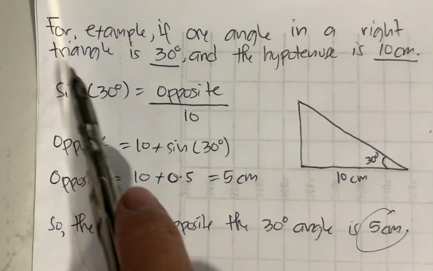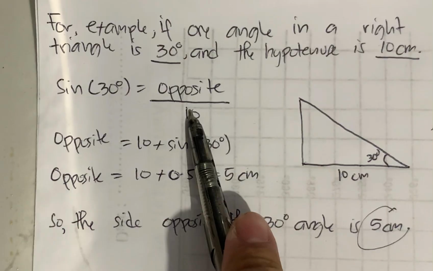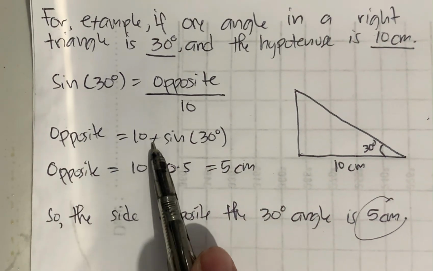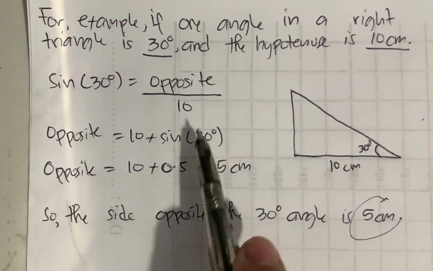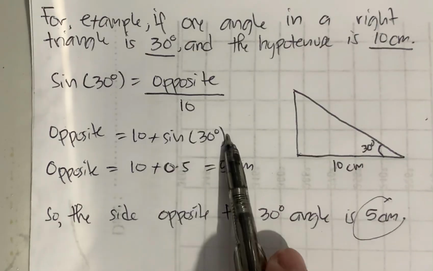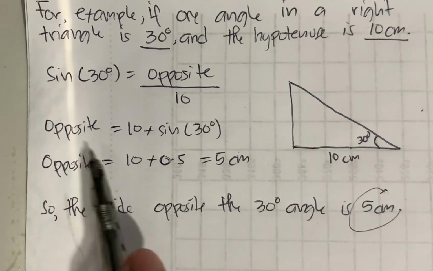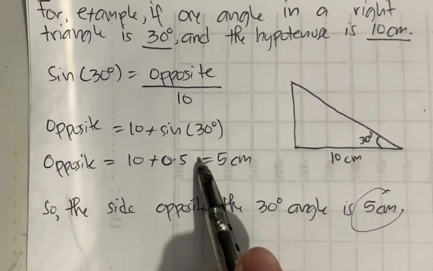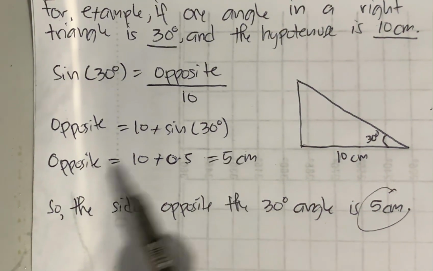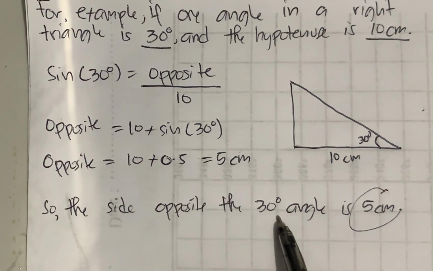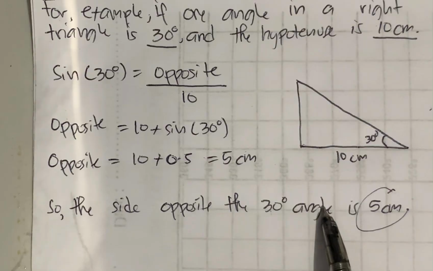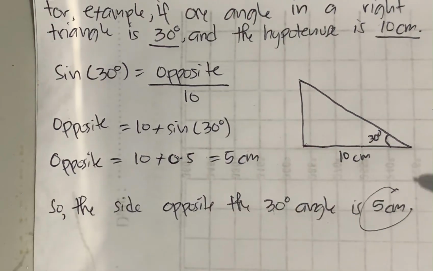So sin 30 degrees is equal to opposite over 10. So opposite is equal to 10 times sin 30 degrees, and sin 30 degrees is equivalent to 0.5. So opposite is equal to 10 times 0.5, which is equal to 5 centimeters. So the side opposite the 30 degrees angle is 5 centimeters.